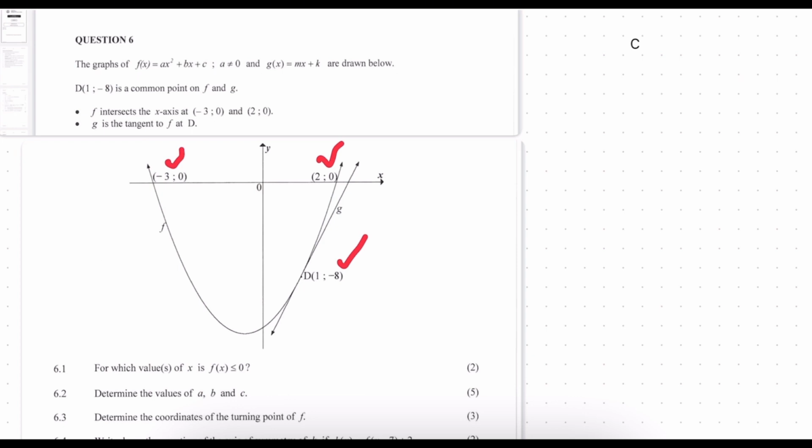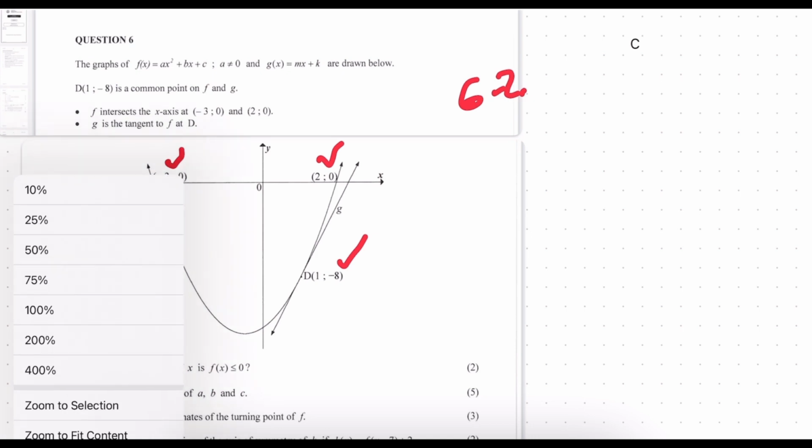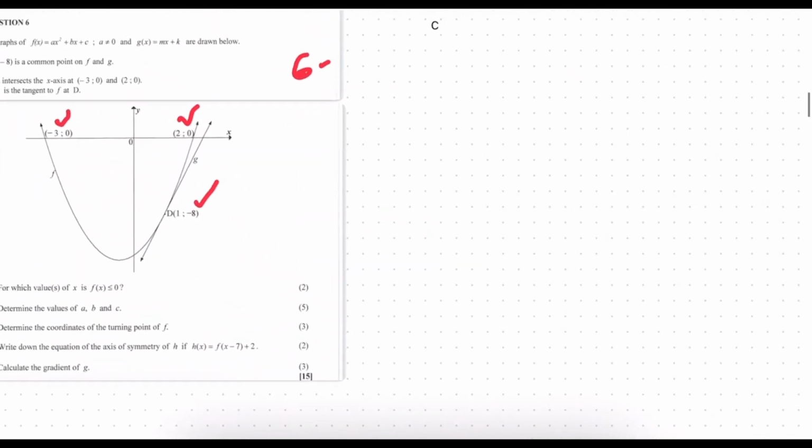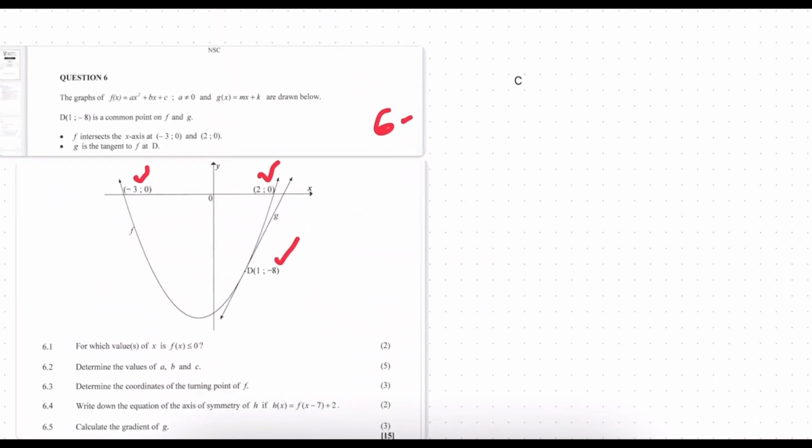Before I do that, let me just write down, it's 6.2. Let me zoom out a bit. Our equation just disappeared. Where is it? Okay, it's over here. 6.2.